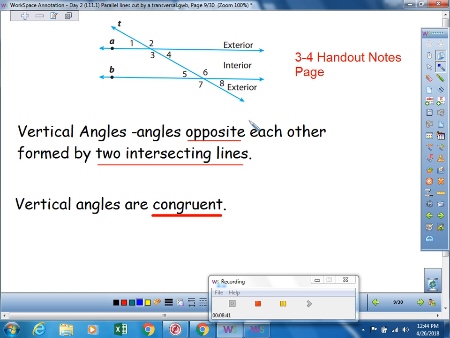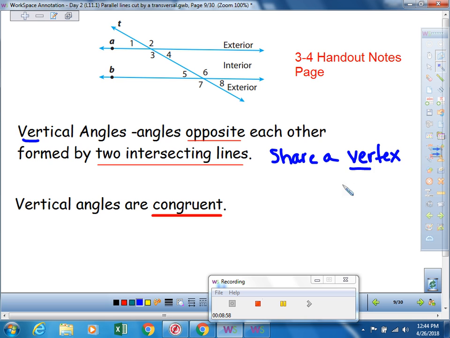I also want you to put that they share a vertex. Vertical, vertex. Think of that. Vertical vertex. It's going to help you remember.